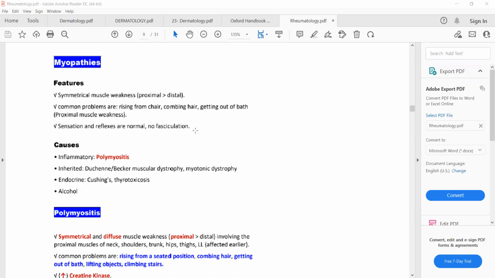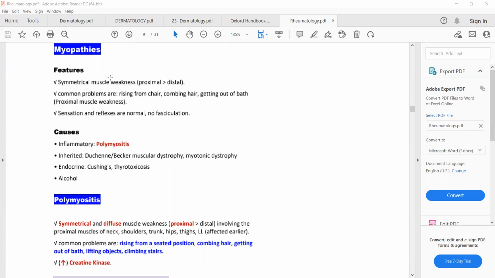While weakness that is due to nerve lesions, such as lower motor neuron lesions or problems in the nerves such as myasthenia gravis and Lambert-Eaton syndrome, the nerves are affected. So that's why these disorders will not have normal reflexes or sensation.